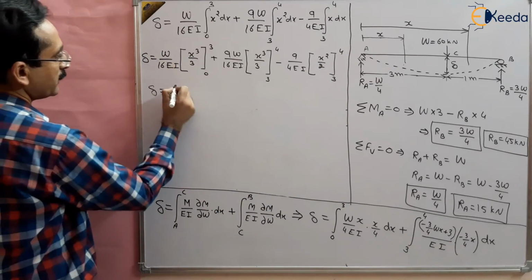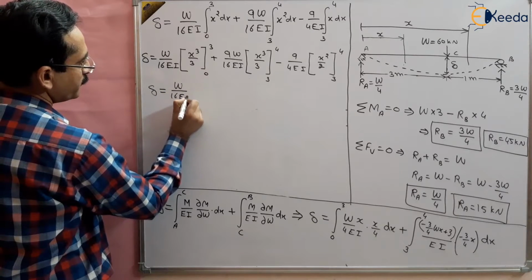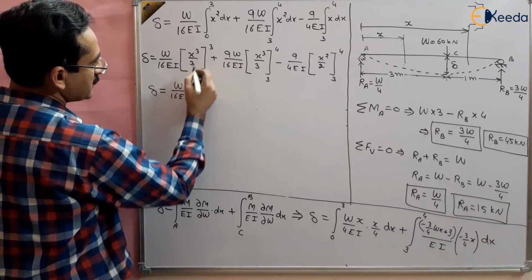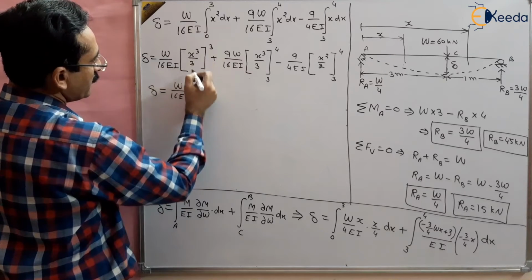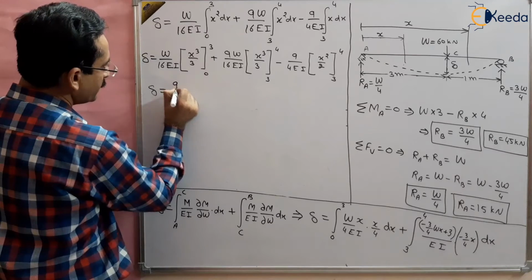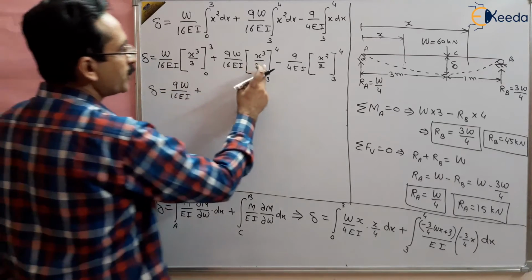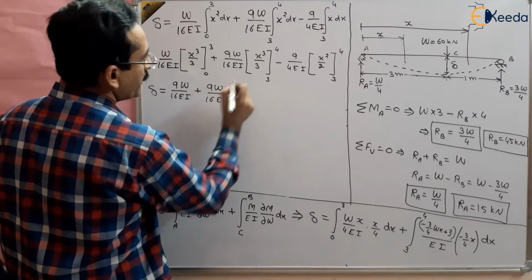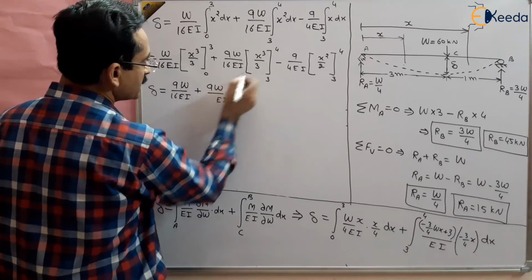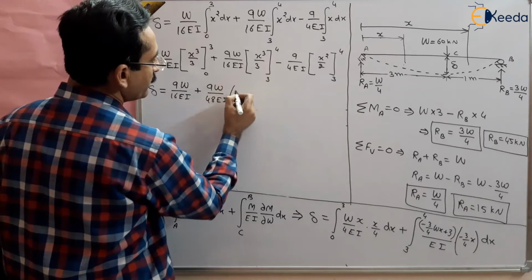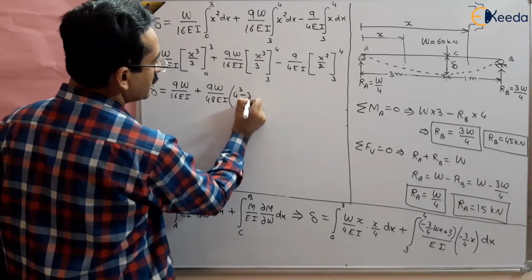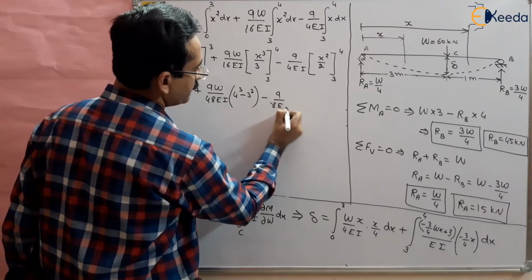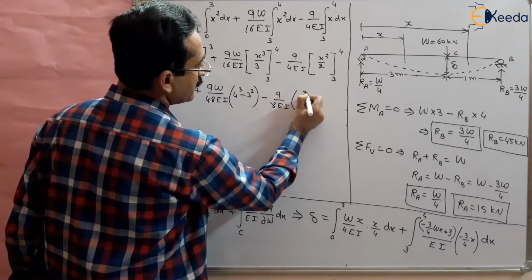So finally you will get W/16 EI, this will be 27/3, 27 minus 0, 27/3 is 9, so this will be 9W/EI plus, when you put it here, 9W/16 EI multiplied by, once you put the 3, you can take this 3 out, this is 48, and you will get 4³ minus 3³, minus 9/(8 EI), once you put 4² minus 3².